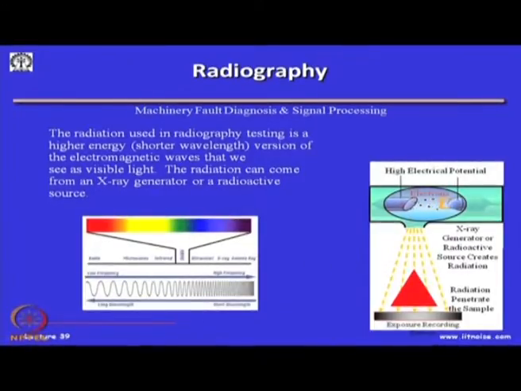We have to bring the component whose X-ray is to be done to a facility where these X-ray generators are, but there are also portable X-ray generators in the field which can be used to do in situ X-rays, but I understand they are not very convenient and are not very user friendly in the sense that I can take the X-rays to the field.